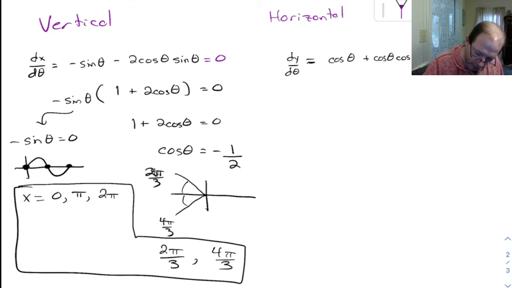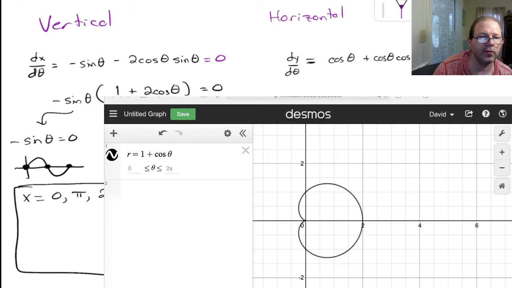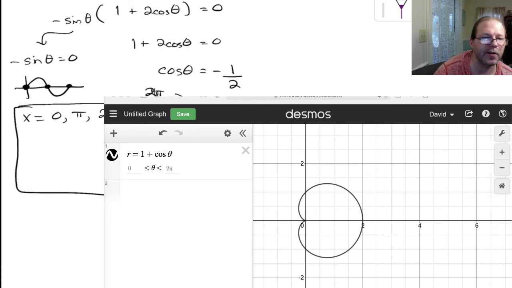All right, so do we have vertical tangents at these places? Well, that's a good question. Here's the graph over here on Desmos, and I am going to make a hand copy of that over here.